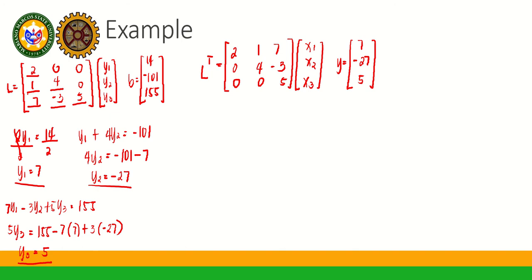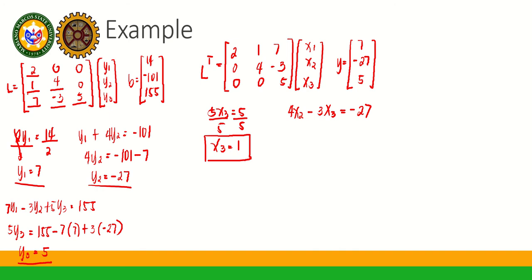Okay? So, back substitution tayo ulit. So, 5x sub 3 is equal to 5. So, dividing both sides by 5, x sub 3 is equal to 1. Okay? So, we already have solved for x sub 3. Now, solving for x sub 2, we have 4x sub 2 minus 3x sub 3 equal to negative 27.